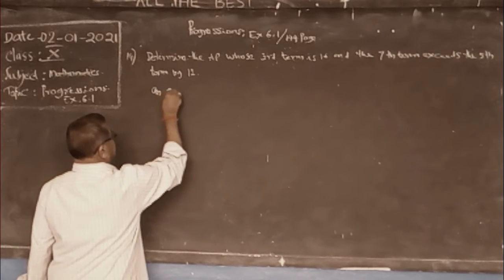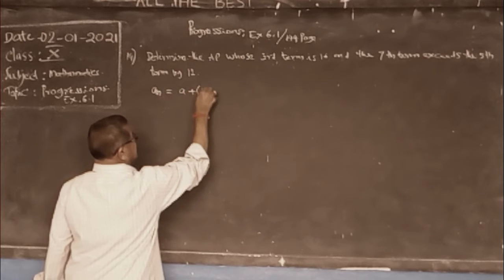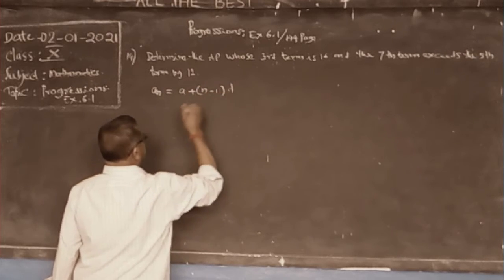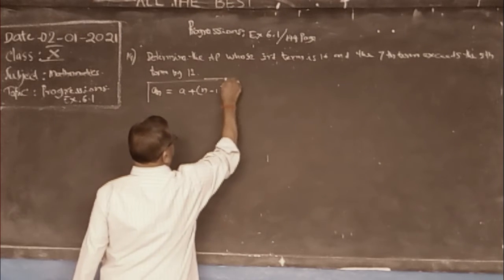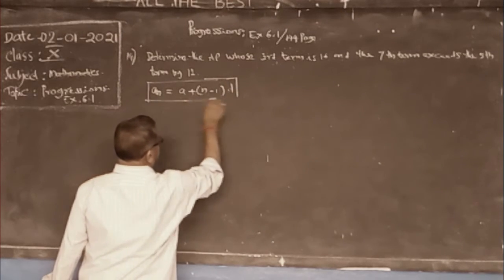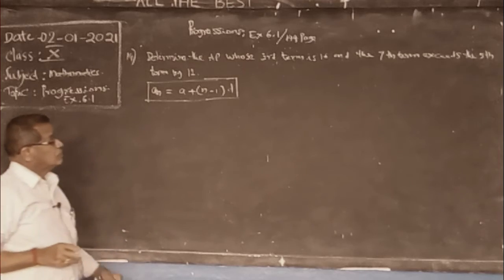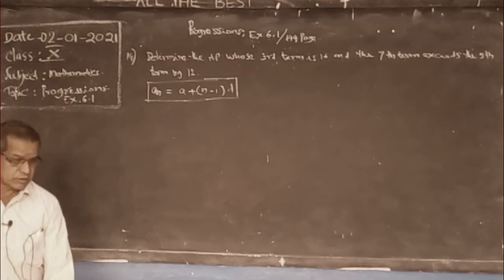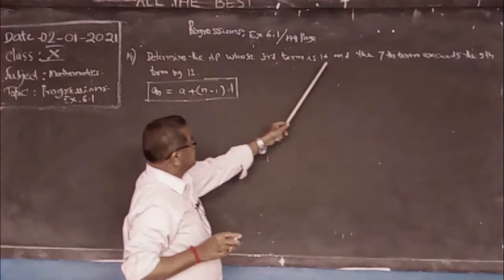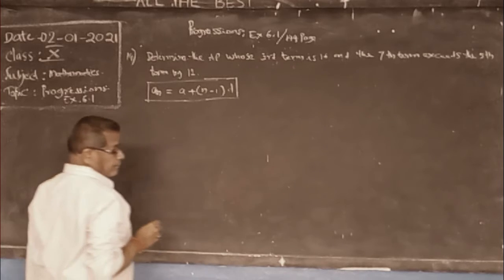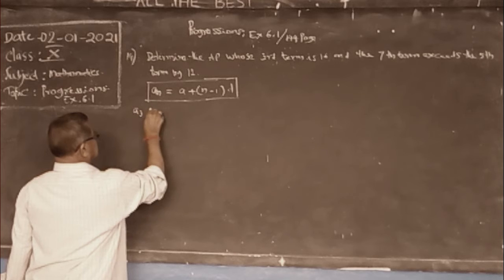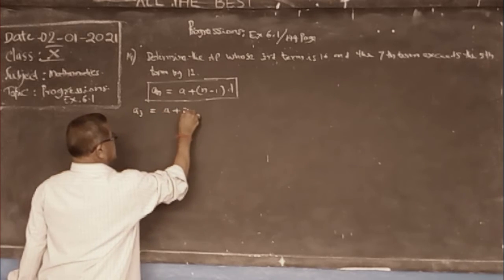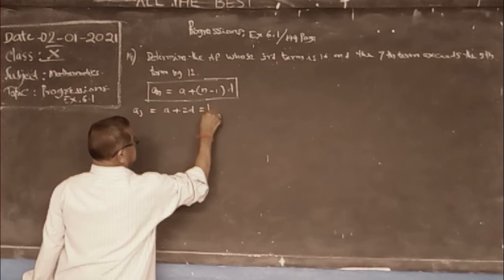The nth term of an AP is given by the formula A plus n minus 1 of D. They are given the third term of the AP is 16. Third term A3 is A plus 2D is equal to 16.